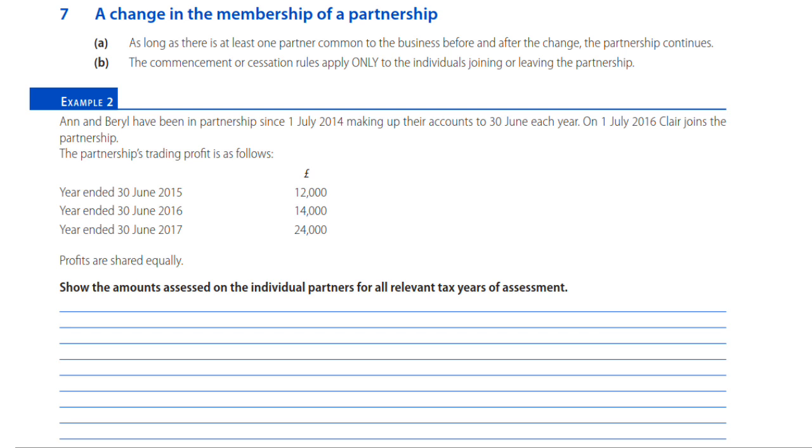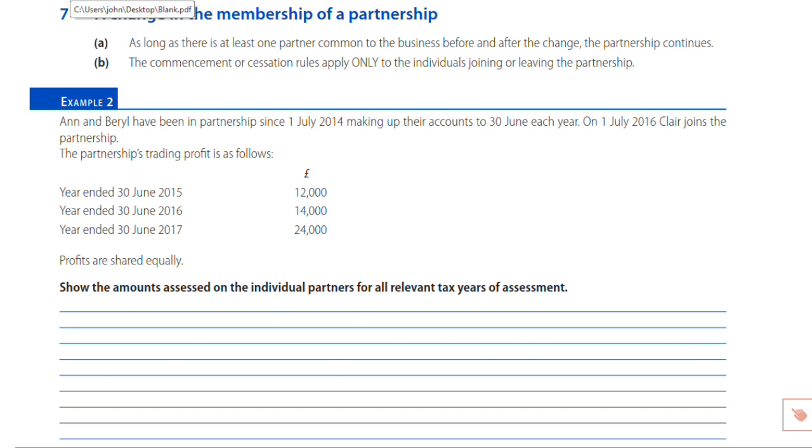So let's have a little look now at an example that will illustrate that. If you go back to the example we've had running, we initially had partners A and V in partnership. Then we had partner FC join the partnership.